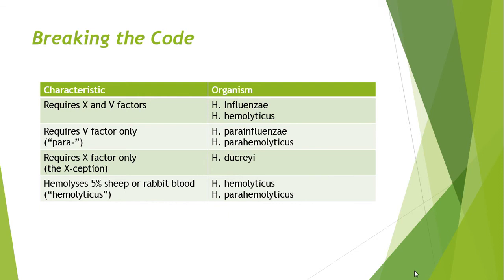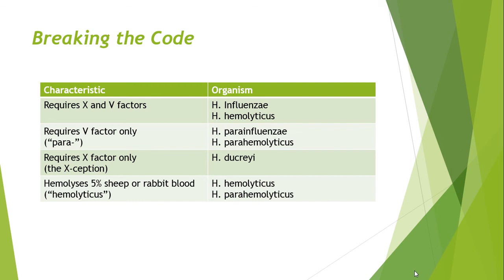All right, so these are your Haemophilus species that you should be able to differentiate. We're not going to talk about these individual ones or the diseases that they cause, but I want you to be able to differentiate between them. Haemophilus influenzae and Haemophilus haemolyticus both require X and V factors.